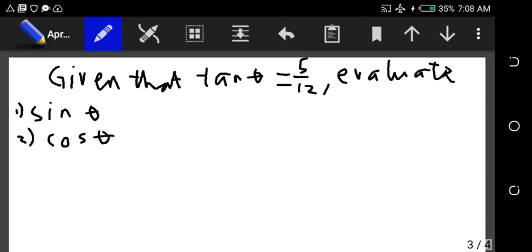Given that tan theta is equal to 5 over 12, evaluate sine theta and cos theta. Just follow the class video and remember how we are to do it.